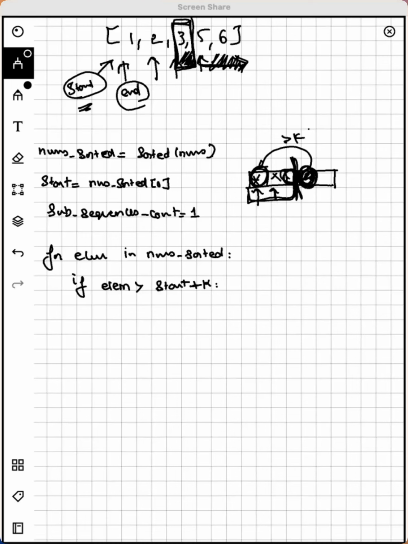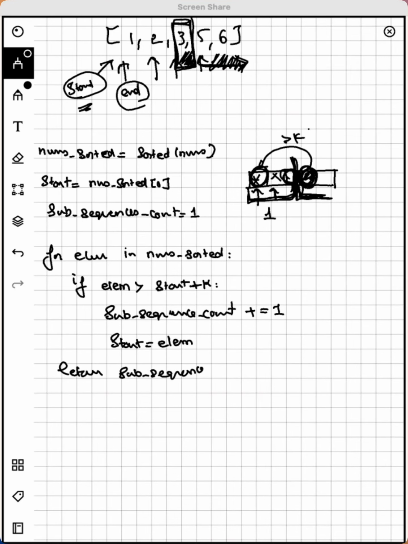So this becomes our first subsequence, and then we start the next subsequence. We don't know where that would end, but let's at least do the counting. So we say subsequence count plus equals 1, and we also update our start, so start is equal to this new element, and finally we return our subsequence count.